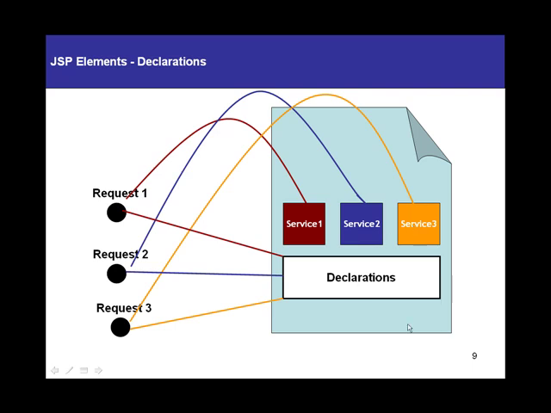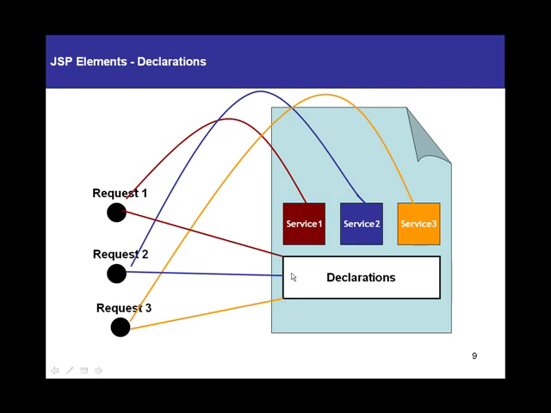But when you come to declarations, whatever you have in declarations is being shared by all these three requests, right? So request 1 is going to share the same value, request 2 is going to share the same value, and request 3 is also going to share the same value which you have in declarations.